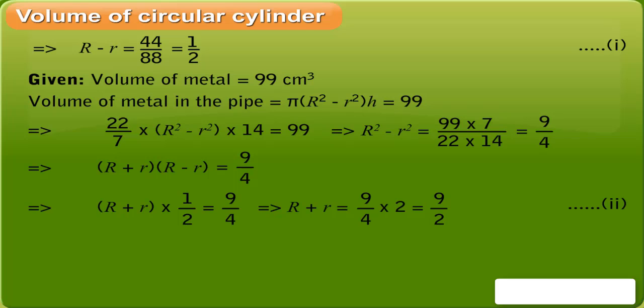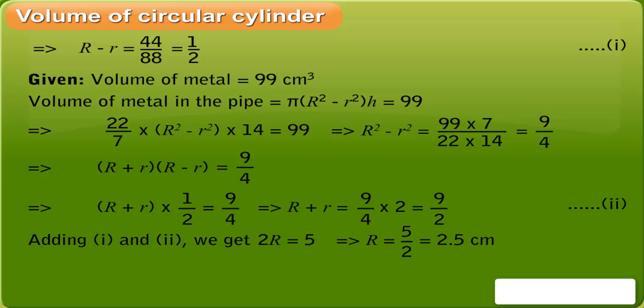This implies capital R plus small r is equal to 9 by 4 into 2, which is equal to 9 by 2. Call this as second. Adding first and second, minus small r and plus small r will get cancelled. Twice R is equal to 5. This implies capital R is equal to 5 by 2, which is equal to 2.5 centimeter.